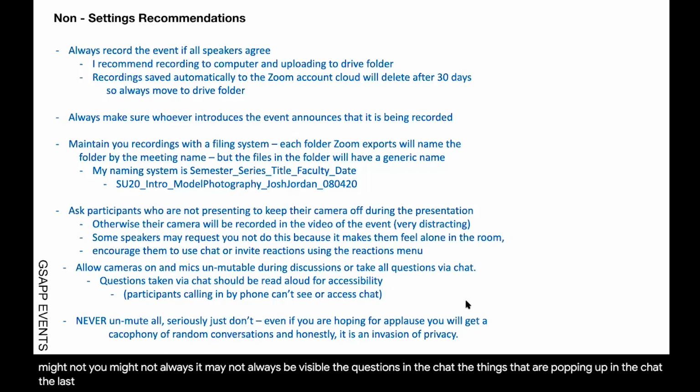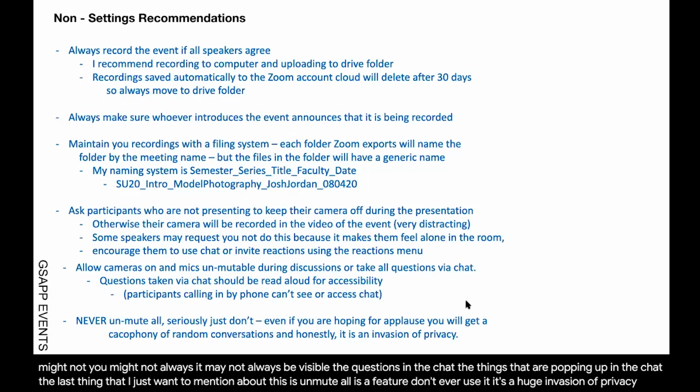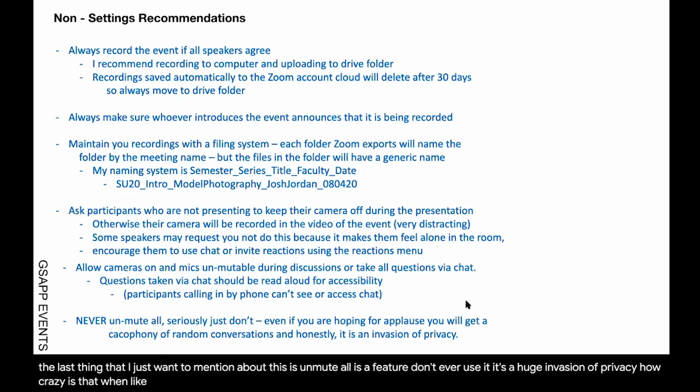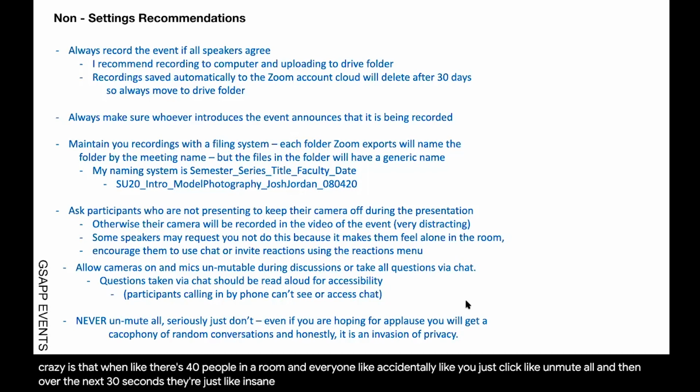The last thing I want to mention about this is that unmute all is a feature. Don't ever use it. It's a huge invasion of privacy. How crazy is that when there's 40 people in a room and you accidentally click unmute all, and then over the next 30 seconds there's just an insane cacophony of sound.